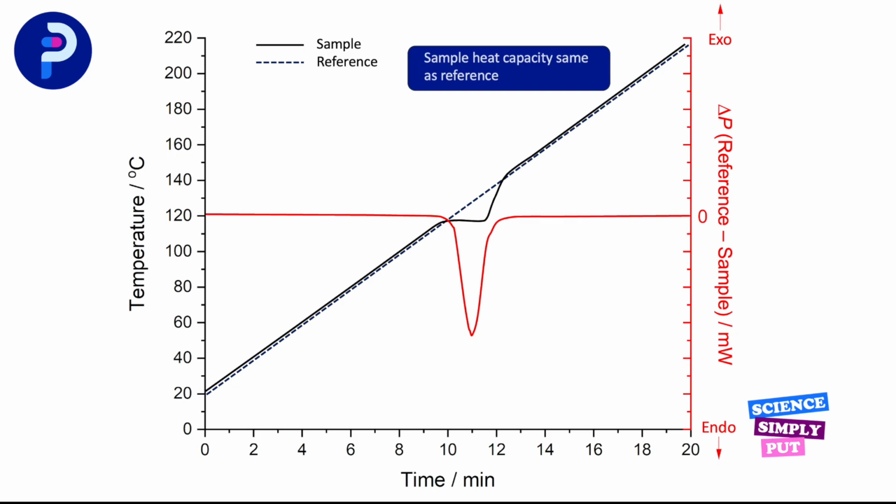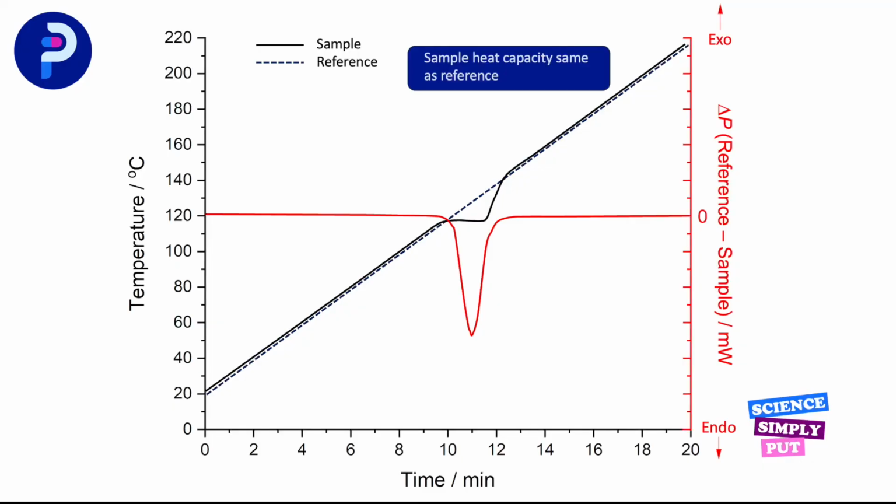The reference, on the other hand, is inert, and so uses the energy it is being supplied to continue to rise in temperature. Thus, the difference in temperature between the sample and reference materials starts to increase. Remember, however, that the instrument is designed to increase the temperature of the sample and reference materials between two values at a constant rate.